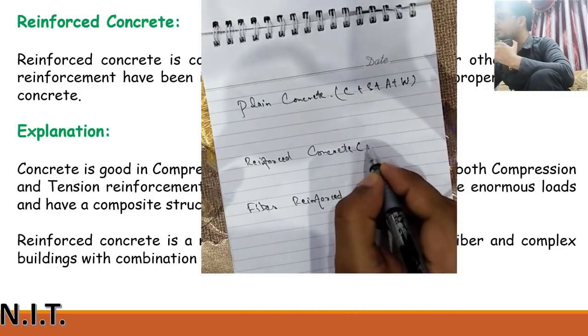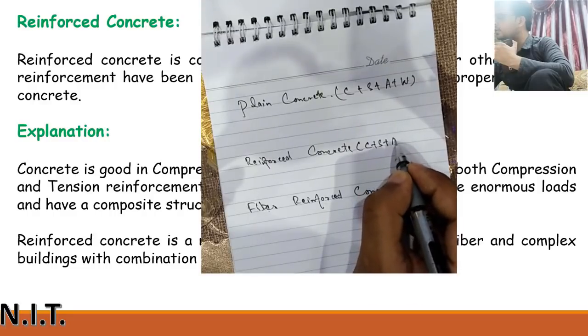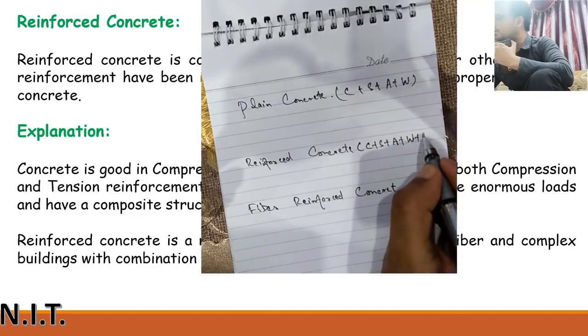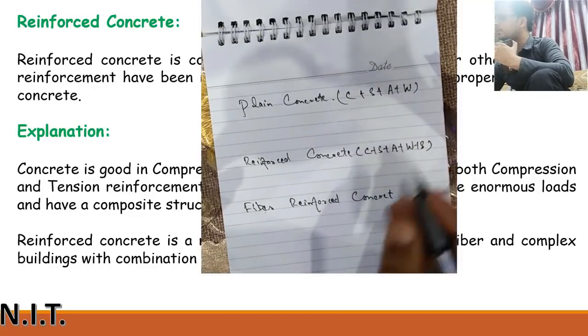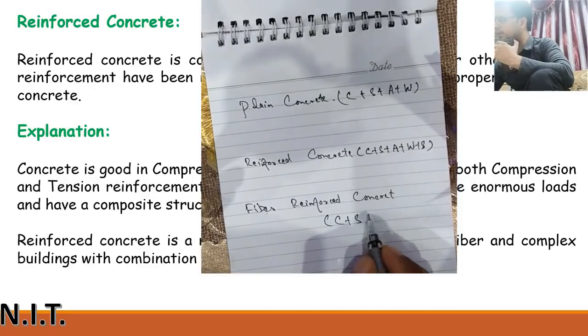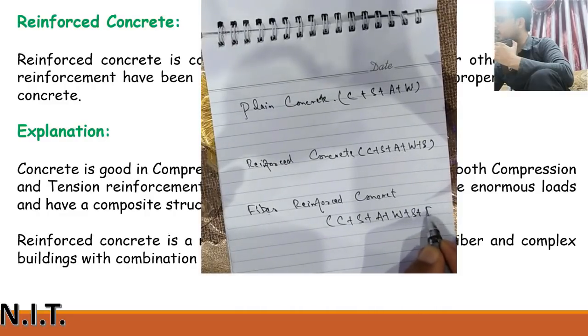Reinforced concrete: cement, sand, aggregate, water, and steel. What is fiber reinforced concrete? Cement, sand, aggregate, water, steel, and fibers.